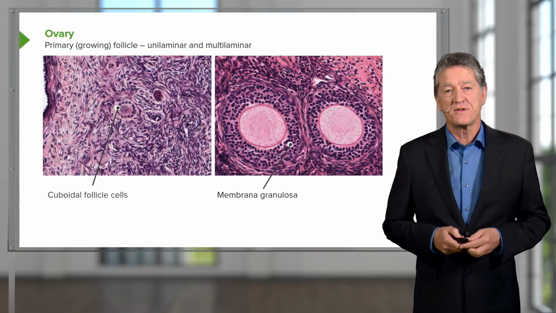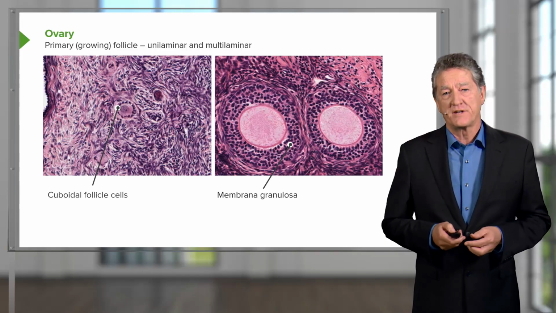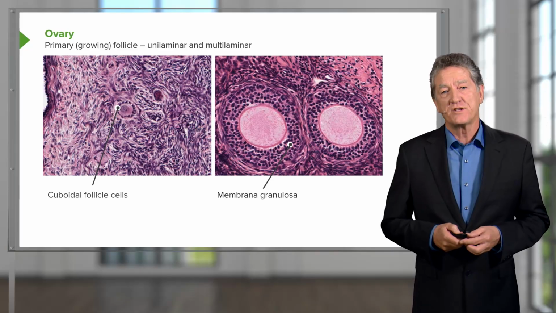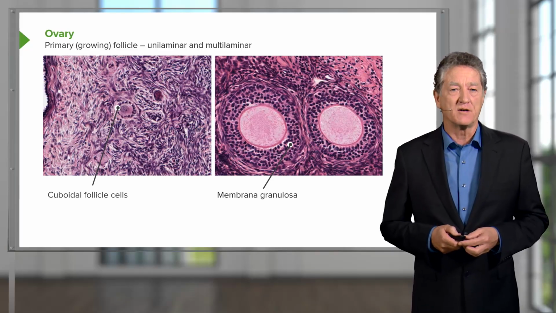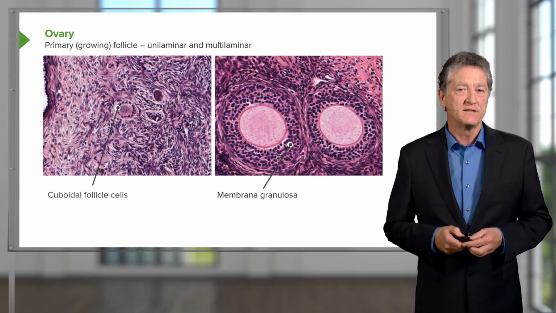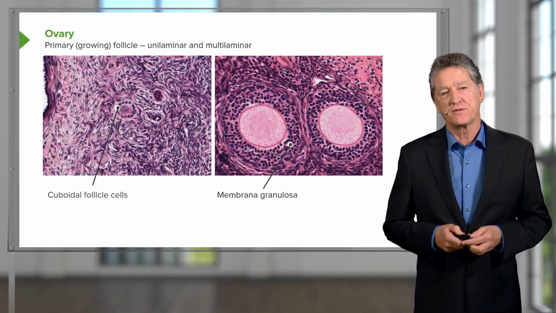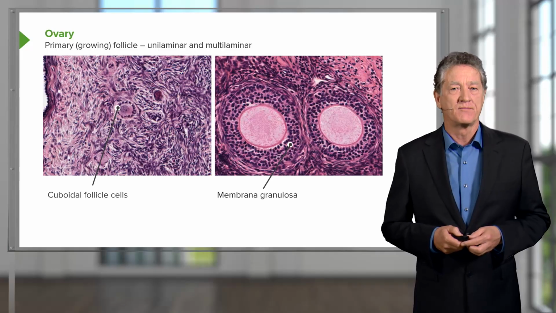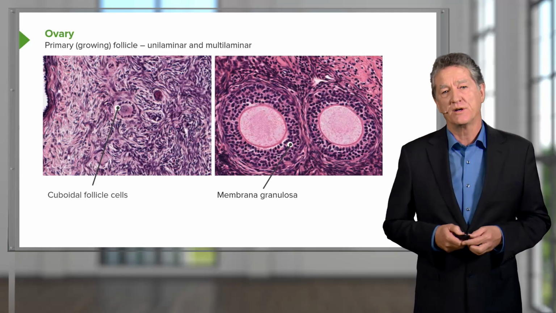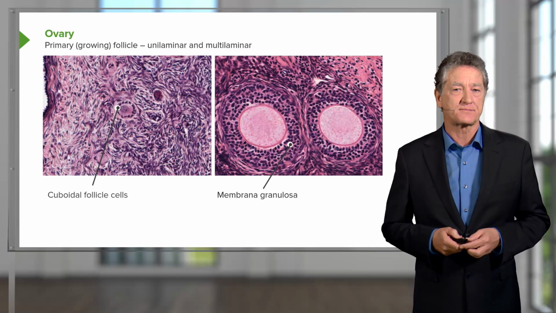Now, what happens during this stage is that when these primary follicles develop, they have this single layer, then they do that independent of the gonadotrophins from the pituitary. But then when they get to a certain stage, they're dependent on follicle-stimulating hormone coming out from the anterior pituitary gland.